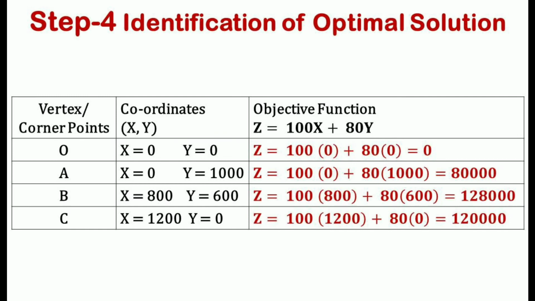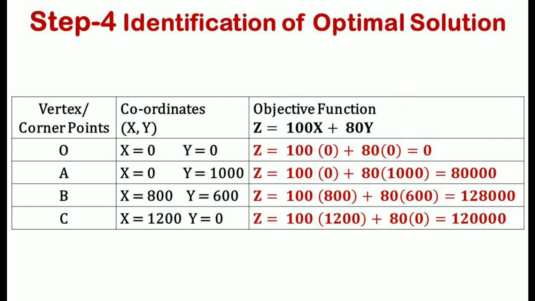In order to find the optimum point, that is the maximum profit, from the given four corners O, A, B and C, substitute the values of x and y at each corner point into the objective function. In our example, the objective function is to maximize z is equal to 100x plus 80y.